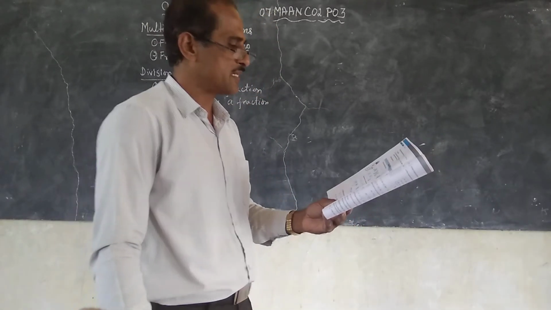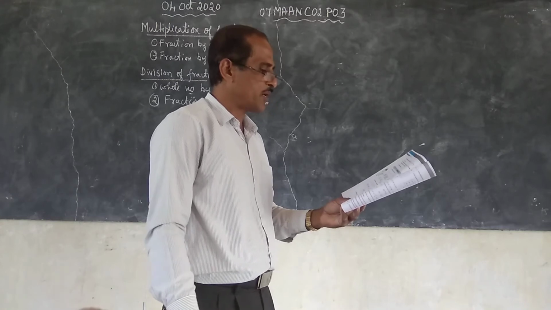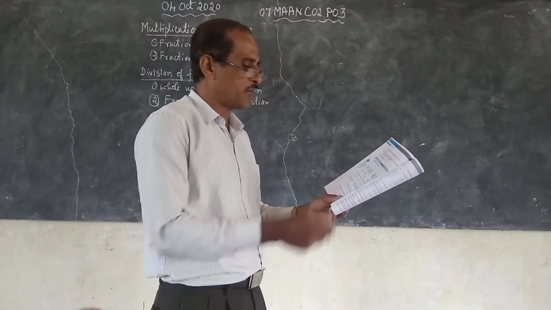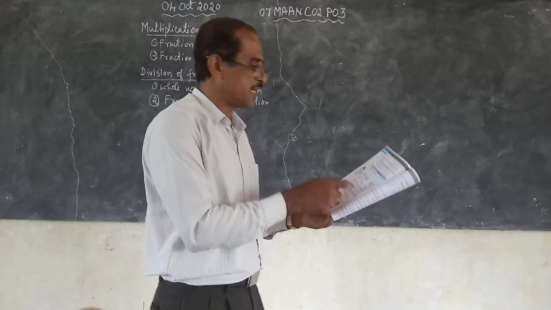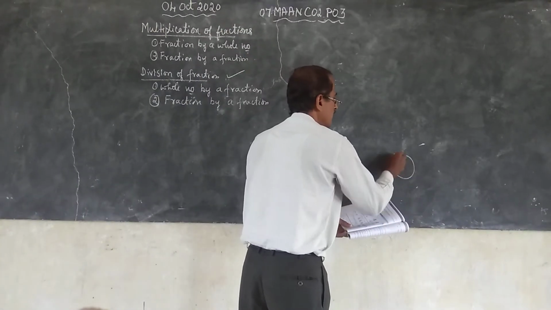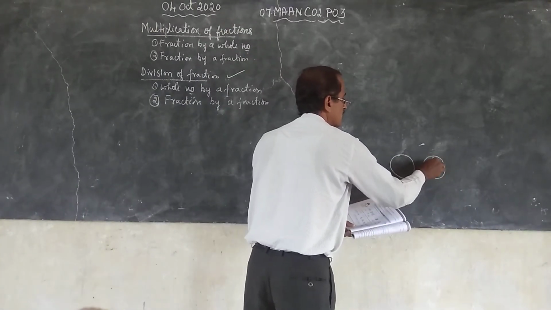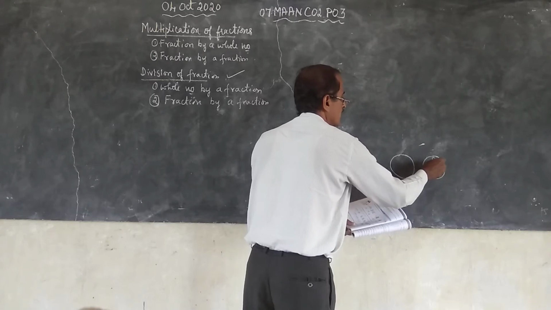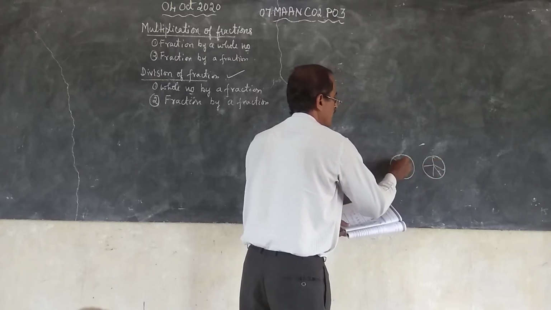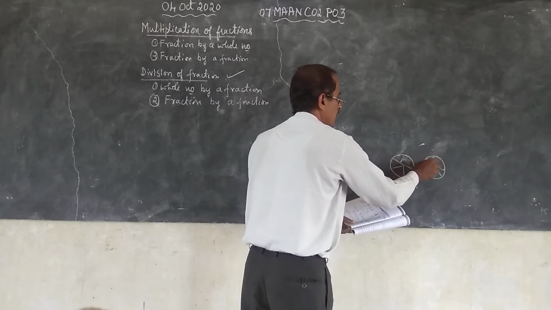On page number 36 it is given 2 into 1 by 5, 1 by 5, 5 parts. See D, there are 5 parts. Each circle is divided into 5 parts, and each part is 1 by 5.